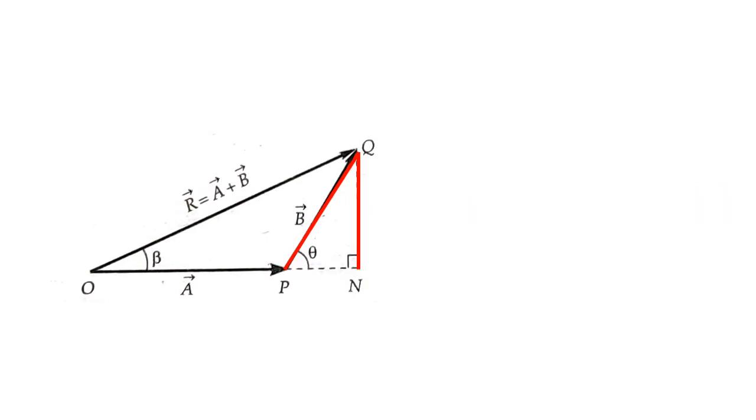Now, in this triangle, consider these two sides, your side PQ and your side QN. Now, using our trigonometric property, we can write QN by PQ equals sine theta. Opposite side QN divided by your hypotenuse gives us sine theta.